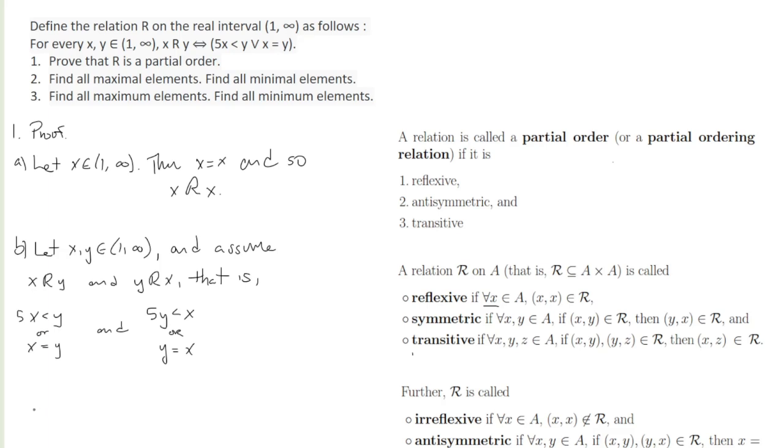Now, if either of them was the case because of the x equals y, well, if x equals y, then y equals x. And they're both true, and we're good. But that's not what we want to show. We want to show that that's the only possibility. We need to show the conclusion here is that x must equal y.